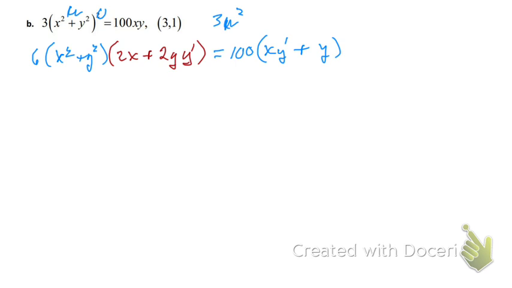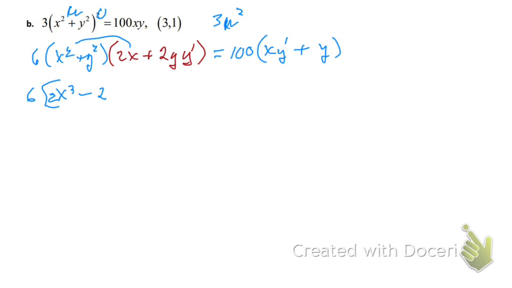Okie doke. So I've got 6x squared plus 6y squared. Scratch that. Let's multiply everything, then multiply by 6. So I've got 6 times x squared times 2x is 2x cubed. x squared times 2y, y prime. 2 x squared times this 2x right here.